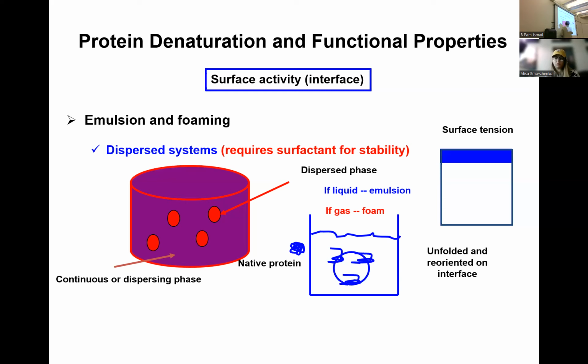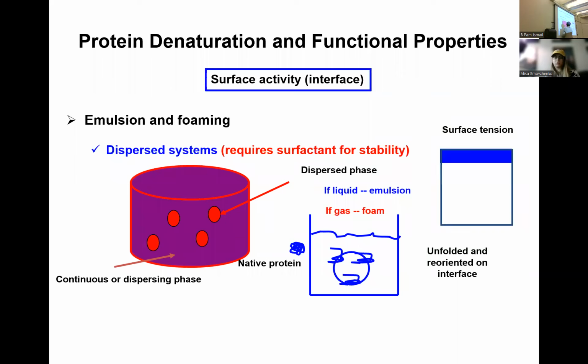But when you have a protein in there and you homogenize, you're not only breaking the fat into small oil droplets, you're also causing the protein to unfold and orient its hydrophobic and hydrophilic groups to the aqueous and hydrophobic regions.